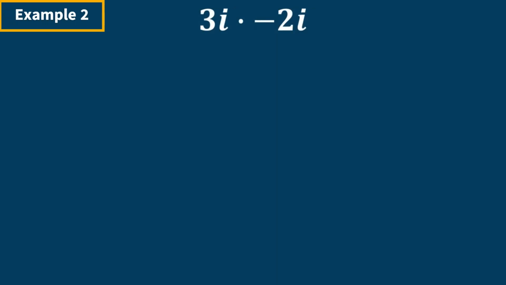Example number 2. We want to multiply 3i times negative 2i. Now, this is basically like treating i as a variable. You can imagine it like an x, a y, or any other kind of variable that you've worked with before. All we do when we multiply is multiply the constants together. So we'll have 3 times negative 2, which gives us negative 6. And i times i will give us i squared.